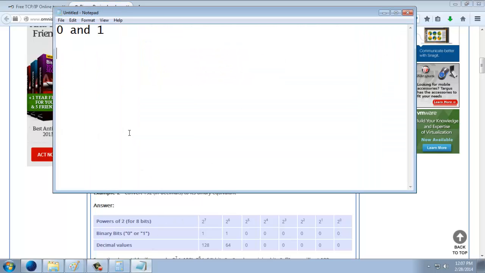So what is an 8-bit binary number? Because IP version 4 addresses are 32-bit binary numbers divided into four parts. So each part will contain 8 bits.